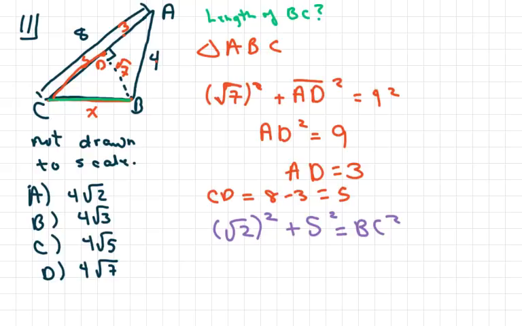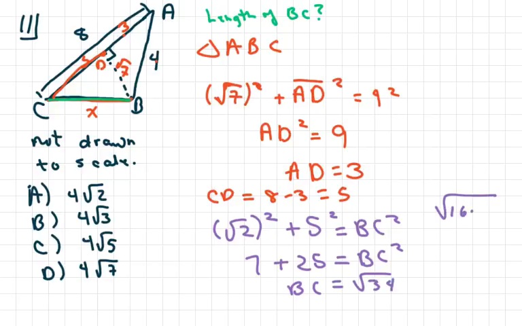So we get 7 plus 25 equals BC squared. Therefore, BC equals square root of 32, which if you break that out, that's 16 times 2, which is 4 square root of 2. So the answer A is correct.